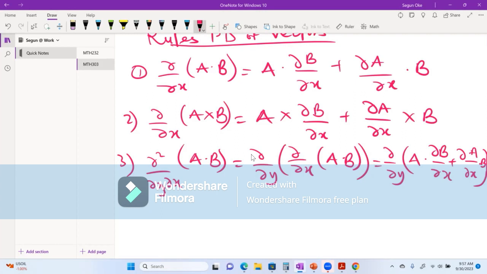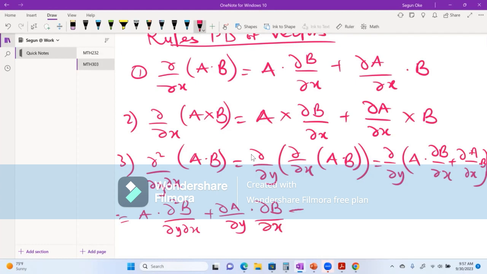So in this case now, if you open the bracket, what do you have? We're going to have a dot the square b, the y, the x, plus the a, the y, dot the b, the x.